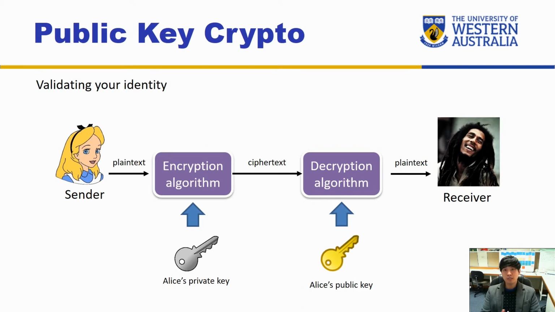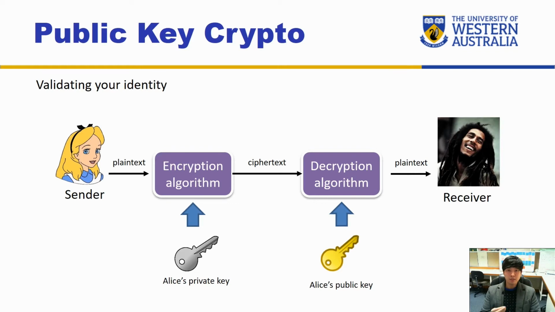But the story goes like this. Alice is going to encrypt a message using her private key. Because the key pair works the opposite way for encryption and decryption, if you encrypt using your private key, then you can decrypt using the public key.